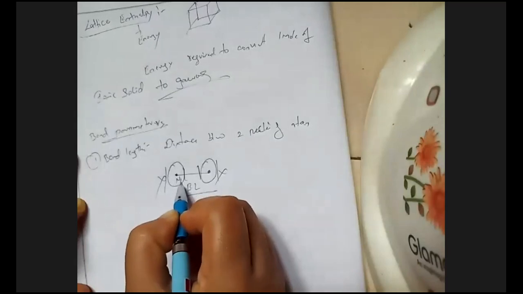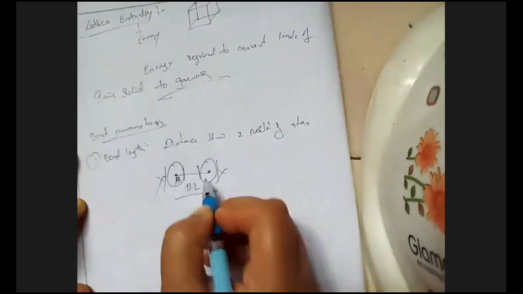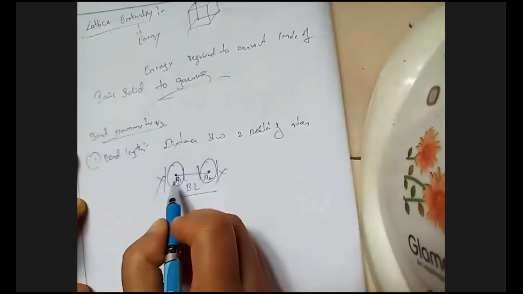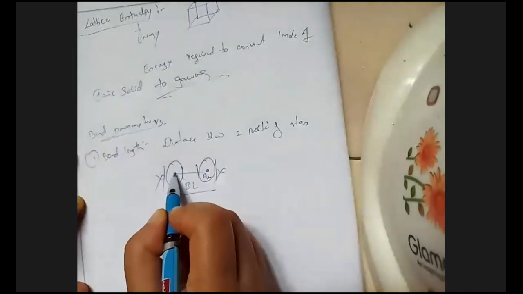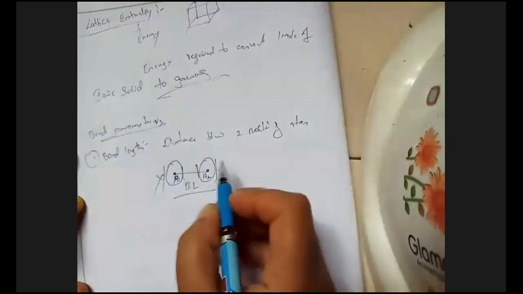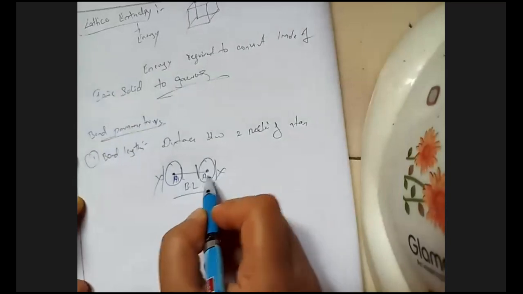For example, this is atom 1, A1, and this is atom number 2. So it's the distance between the nucleus of A1 and the nucleus of A2. So this is called bond length. Fine?